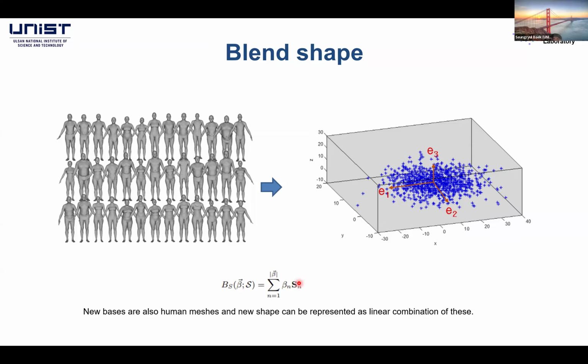And by linearly combining those 10 mean shapes, by just adjusting a single scalar value for each of the 10 bases, you can make new shapes easily. Are you guys understanding this?